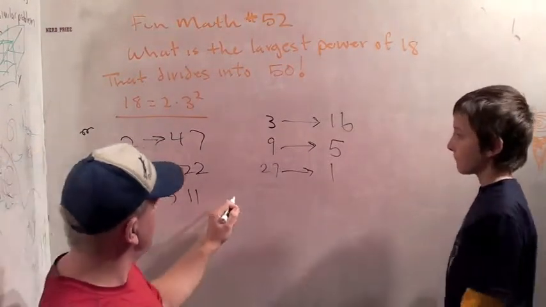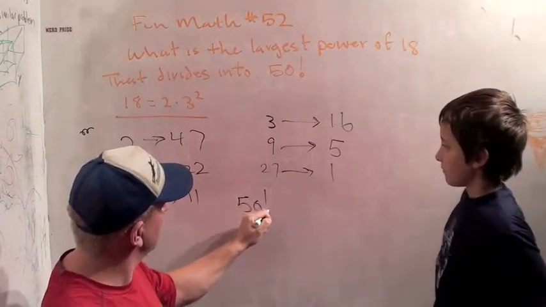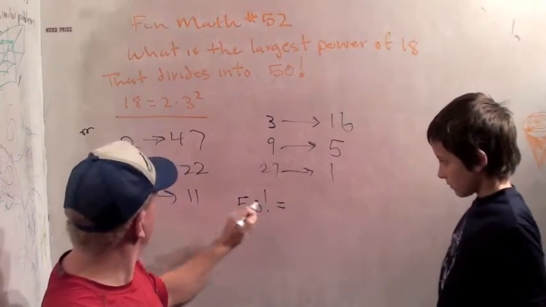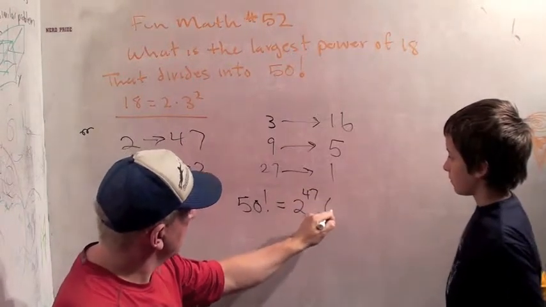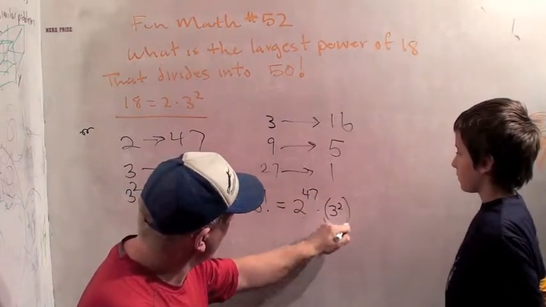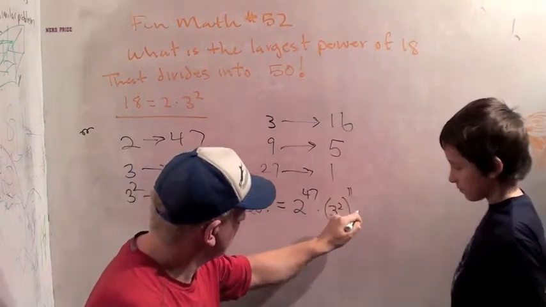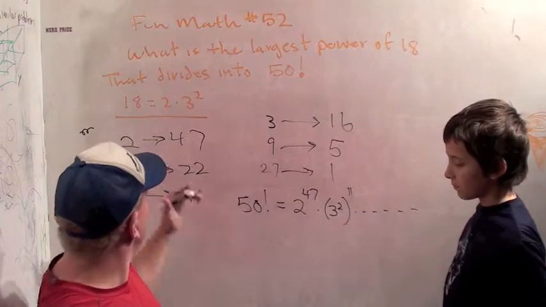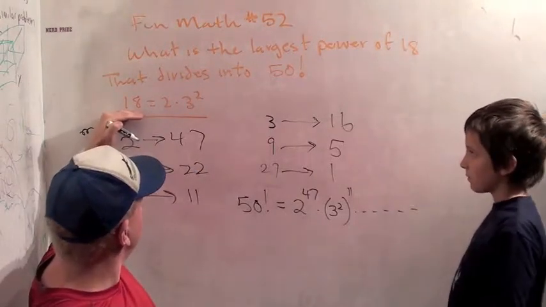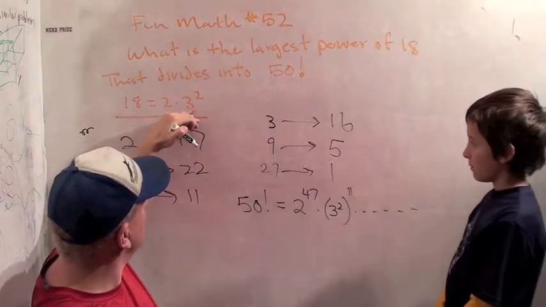So when we factor 50 factorial into primes, it equals 2 to the 47th times 3 squared to the 11th times a bunch of other primes. So how many powers of 18 can we make with 2's and 3 squareds?